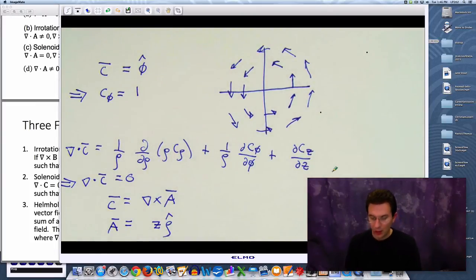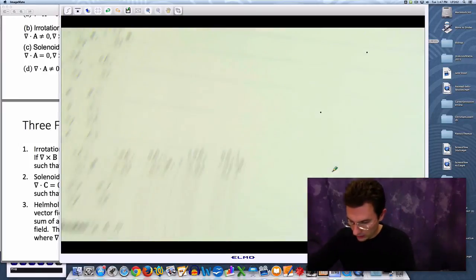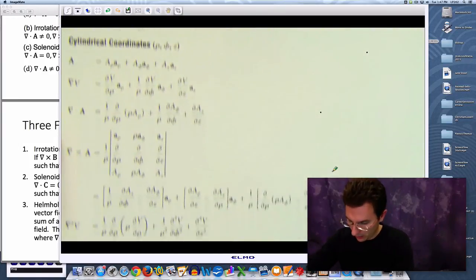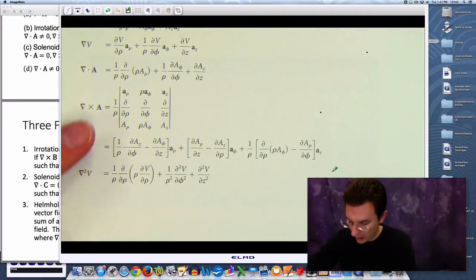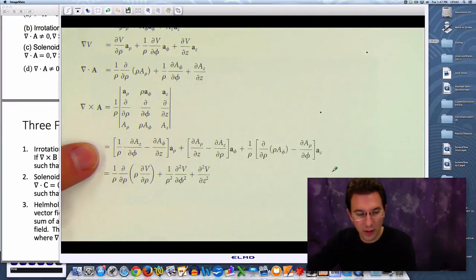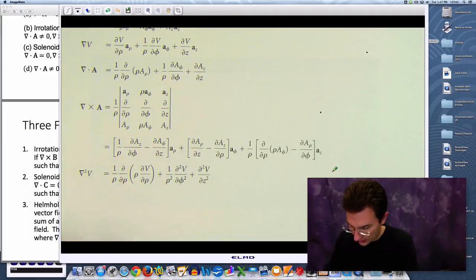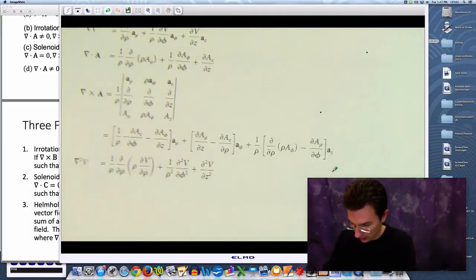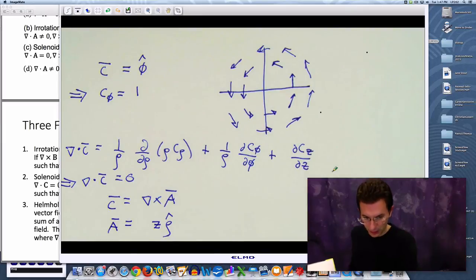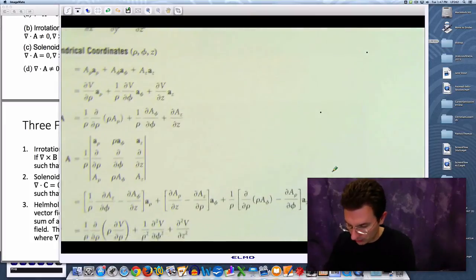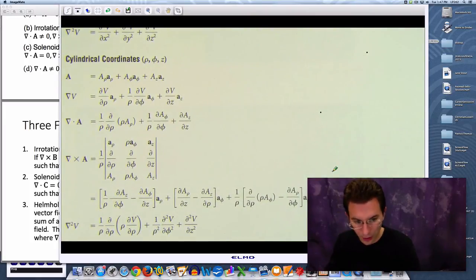Going back again to the definition here of the curl in cylindrical coordinates right here, let's see if we can pick out which of these pieces is going to be of interest for the particular A that we've chosen. A is equal to Z rho hat. It only has a rho component. Everything else is 0 in this particular case.